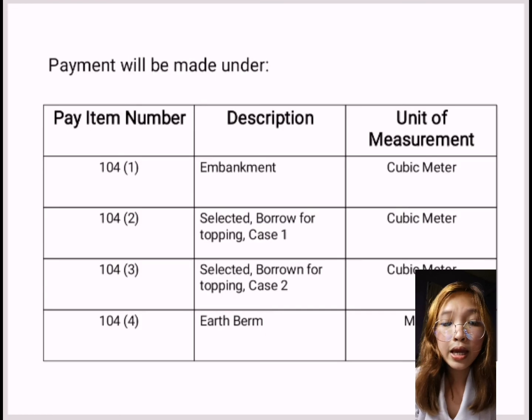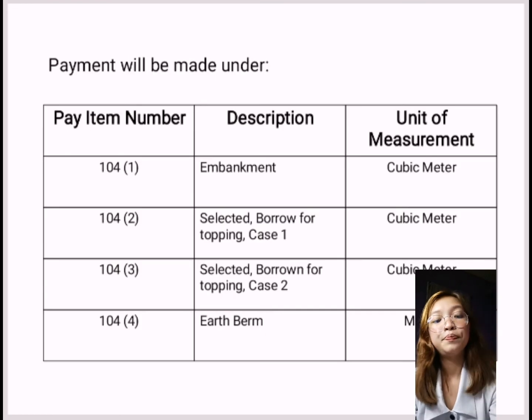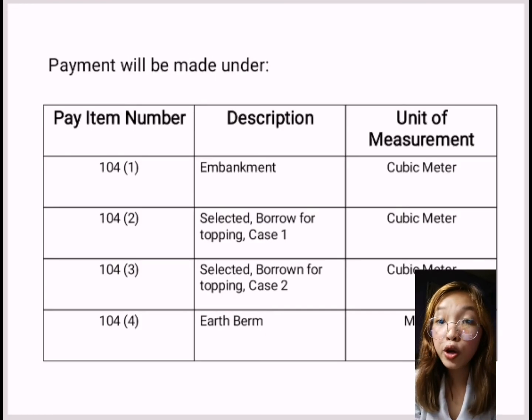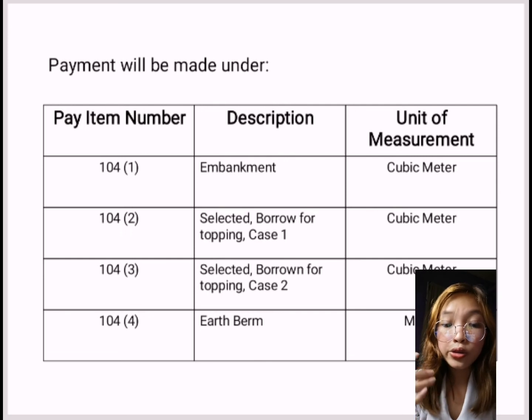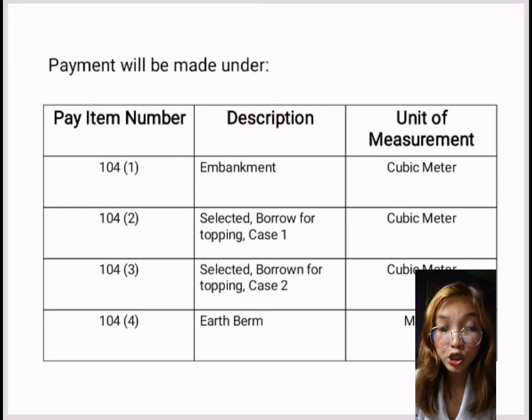So here is the payment. Pay item number 104.1, or the embankment, the unit of measurement is cubic meter. While the item number 104.2, the selected borrow for topping, or the case number 1, unit of measurement is also a cubic meter.